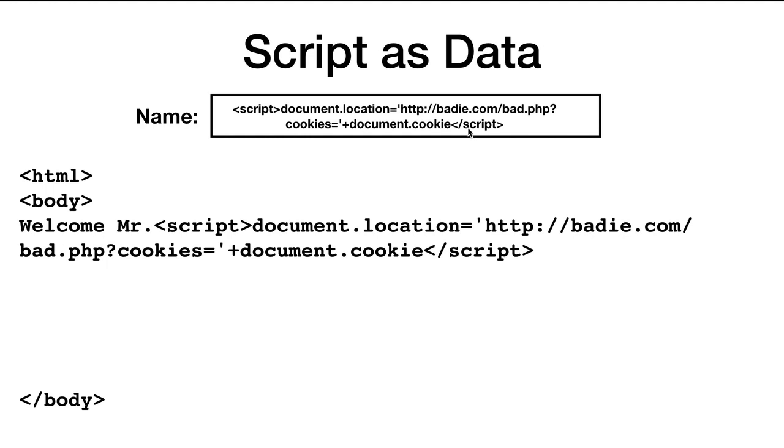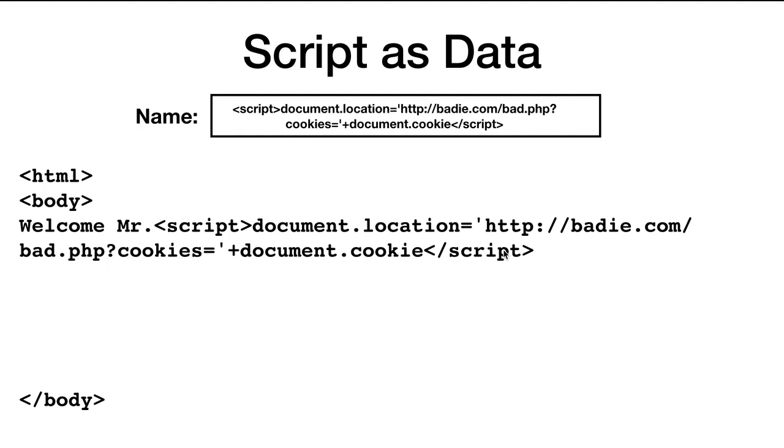When the HTML goes to display this, instead of saying hello Mr. Manning, it would say hello Mr. and then it would pass all of the information from the cookies super global. It would send all that off to this website here, which would be not good.